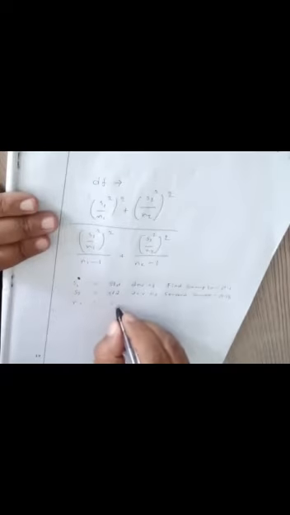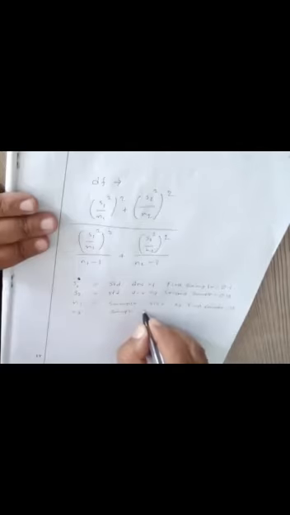N1 means the sample size of the first sample, which is 12, and N2 means the sample size of the second sample, which is 21.